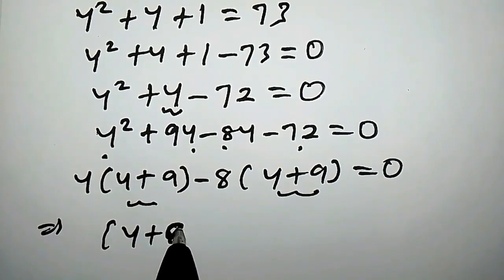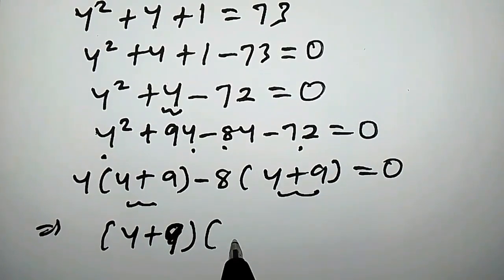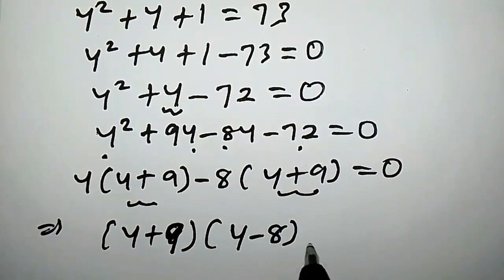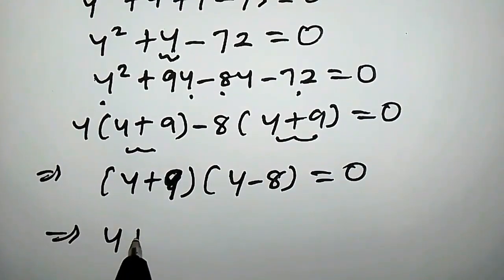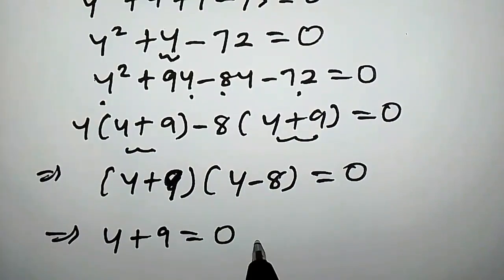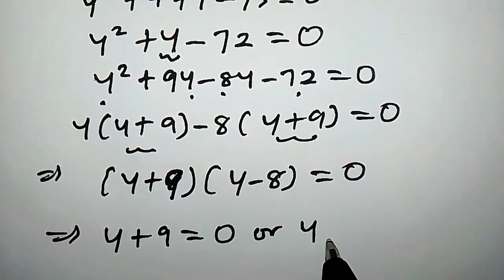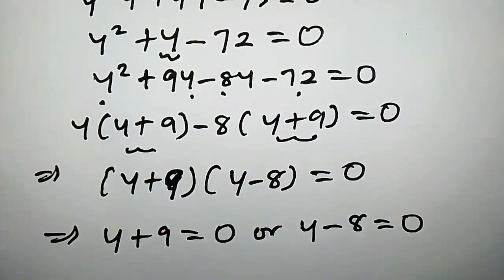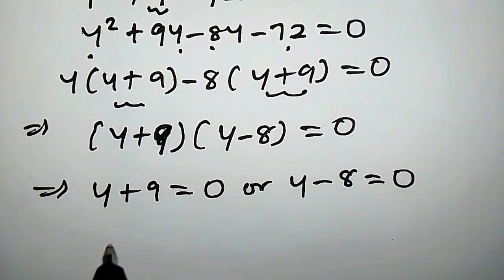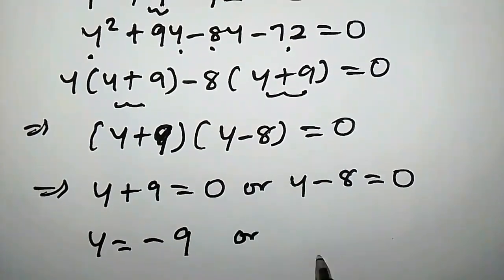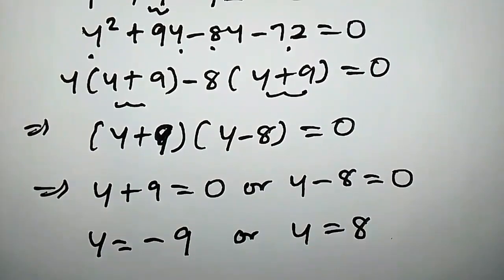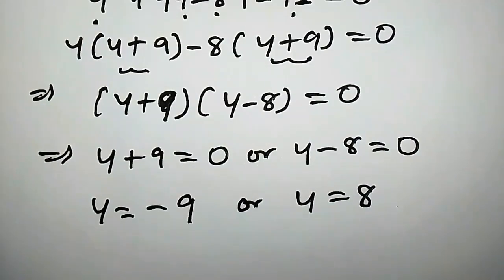Sorry, y plus 9 times y minus 8 equal to 0. This implies that y plus 9 is equal to 0 or y minus 8 is equal to 0. Clearly, y is equal to negative 9 or y equal to 8. Thus, we have two values for y here.